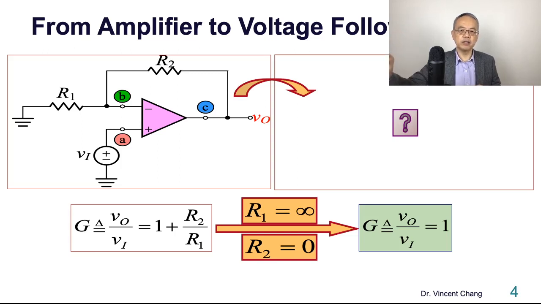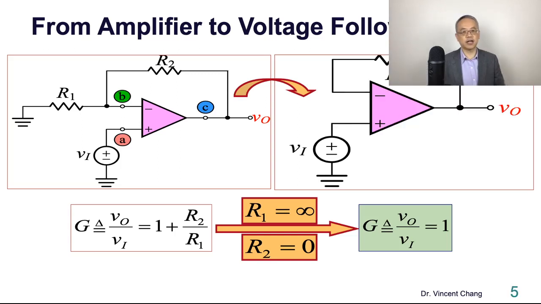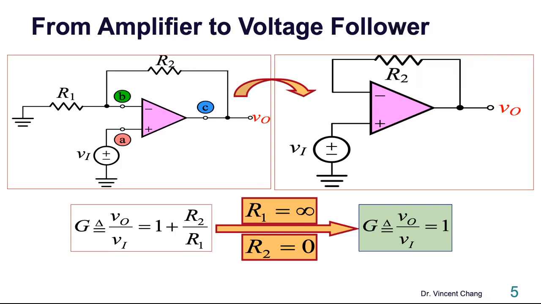If R1 becomes an open circuit, then you just cut it out. And R2 becomes a short circuit, so let the value of R2 reduce to 0. Then this is the circuit.